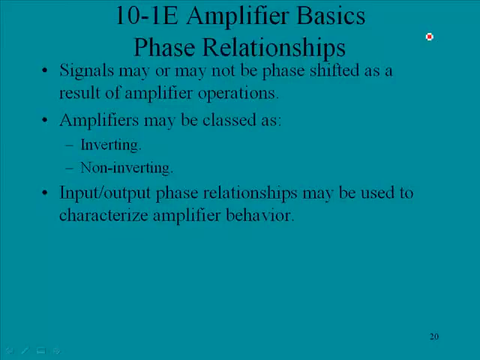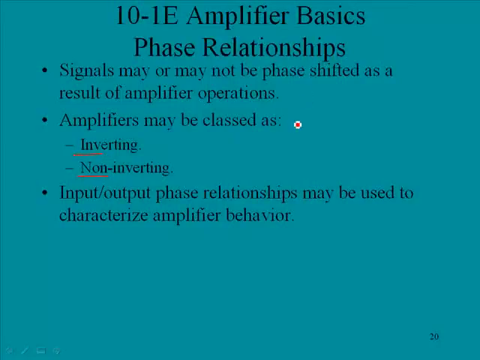Continuing in section 10.1, addressing amplifier basics, the first thing we're going to look at here is phase relationships. Signals may or may not be phase shifted as a result of amplifier operations. Amplifiers may be classed as inverting and non-inverting.